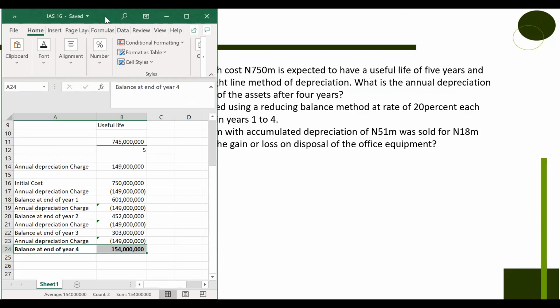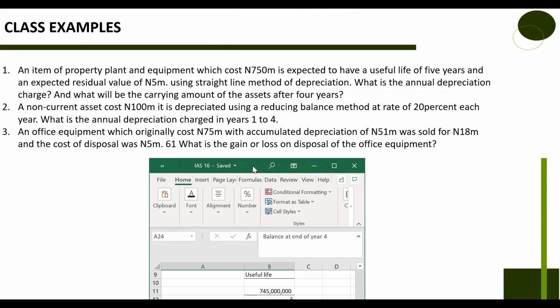So now, a non-current asset costs 100 million. It is depreciated using a reducing balance method at the rate of 20% each year. What is the annual depreciation charged from years 1 to 4?